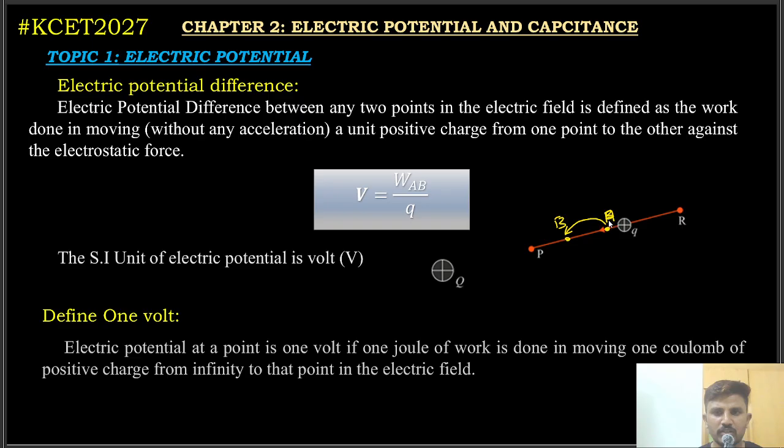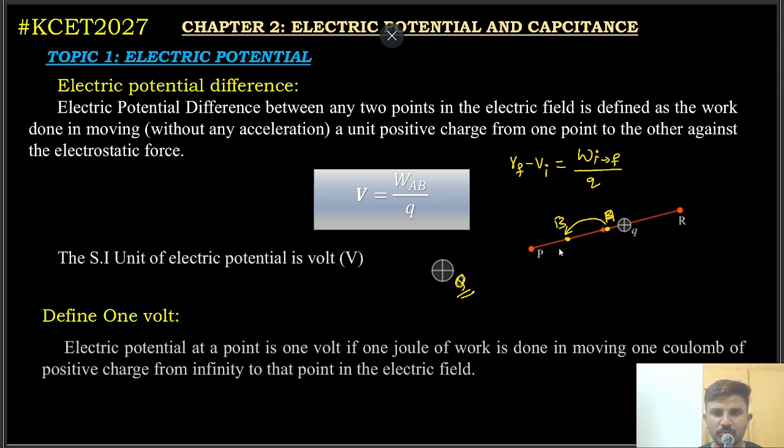The amount of work done to move the charge from A to B, against the electric field produced by the source charge, that is capital Q, gives the electric potential difference between these two. So mathematically it is given by final potential minus initial potential, which is equal to the work done to move the charge from initial point to final point divided by the moving charge, that is small q. This gives the electric potential difference.